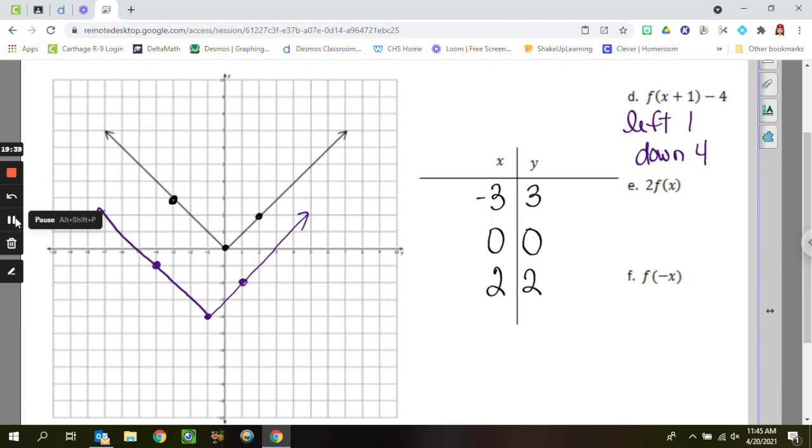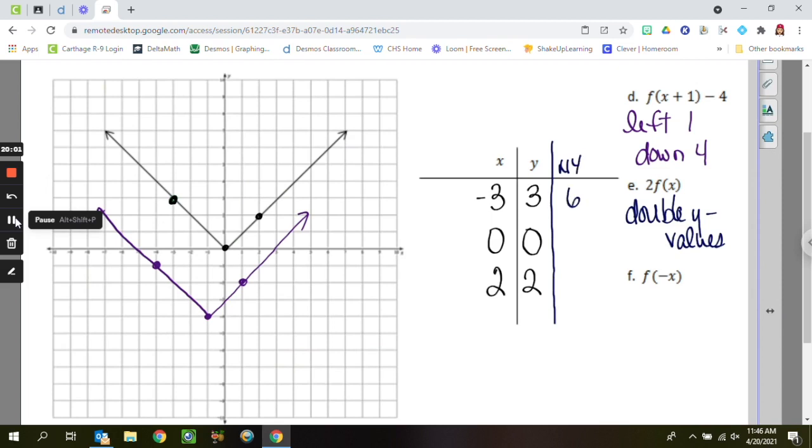What about number 2? What changes? We're going to double the Y. So I'm going to go ahead and do that for my new Y's.